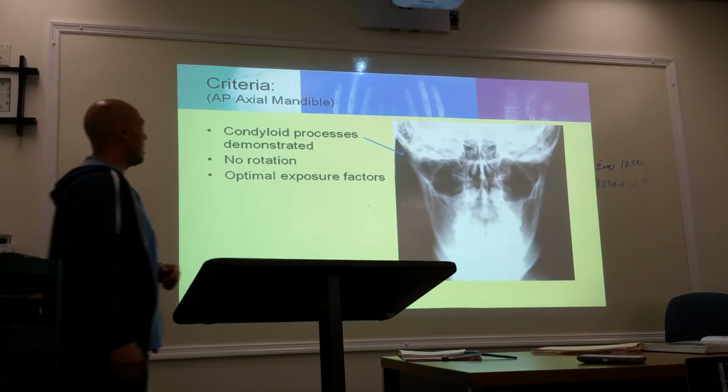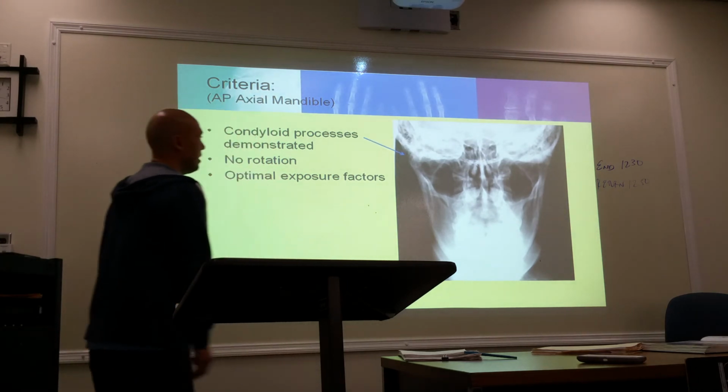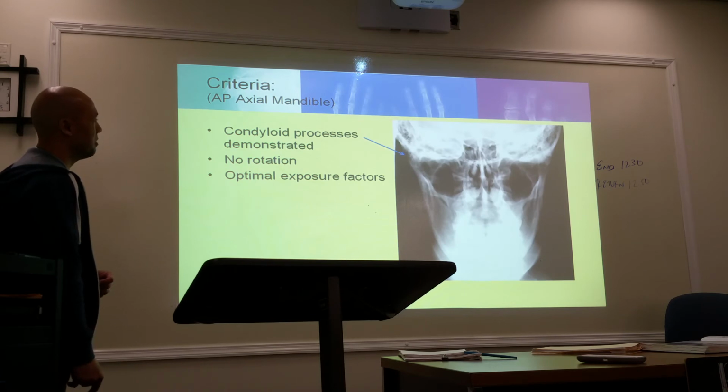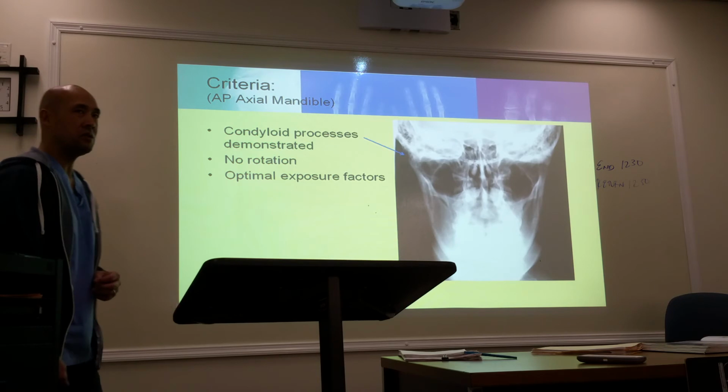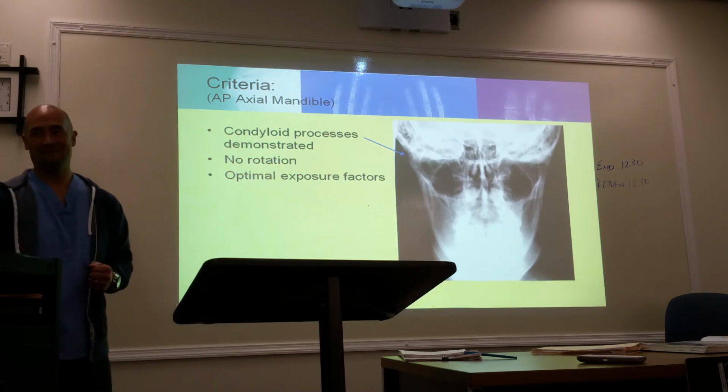Here, the condyloid process and the condyle are going to be well demonstrated. Okay, it is bilateral, so we are seeing both sides. Any questions? Am I going too fast? That's what I want to hear.